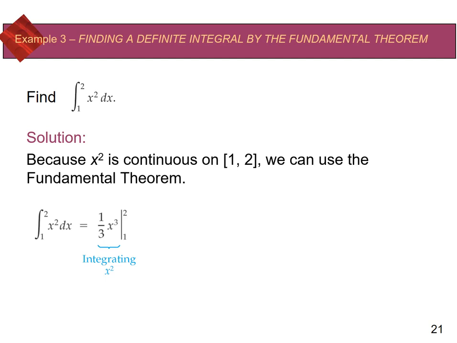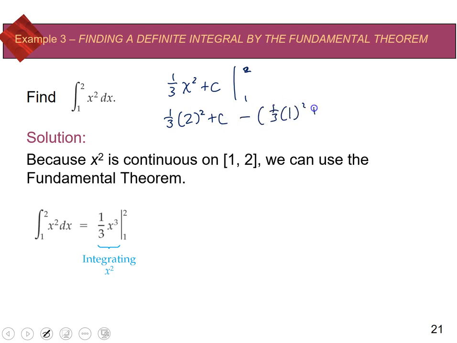I don't have to put a plus c in, because if I was looking at this as 1/3 x cubed plus c going from 1 to 2, well, first of all I plug the numbers in for the x's. So I'm going to have 1/3 2 cubed plus c minus 1/3 1 cubed plus c.